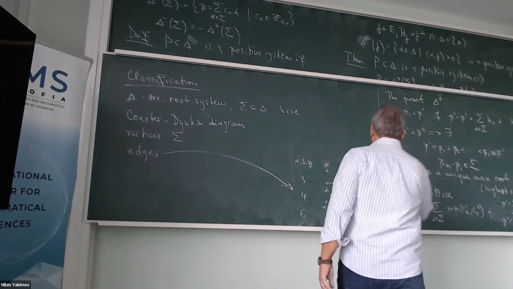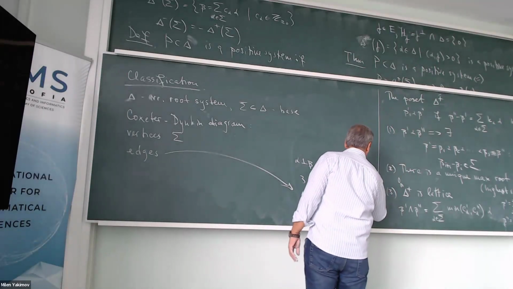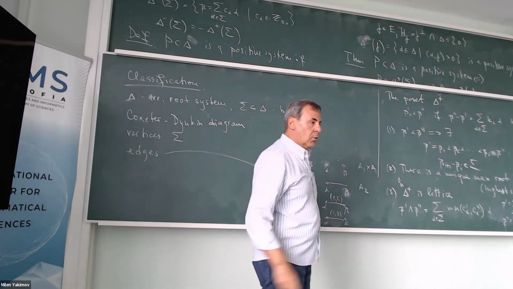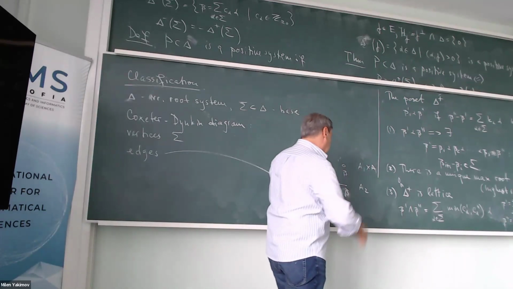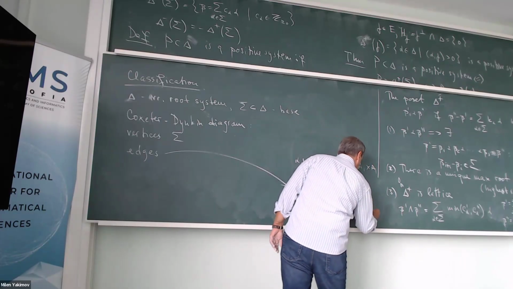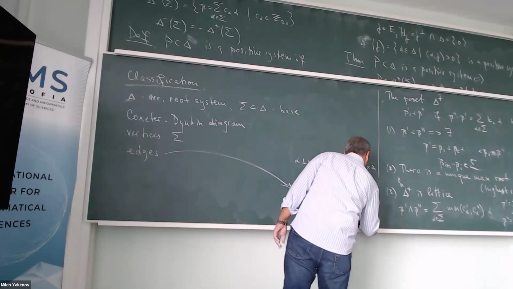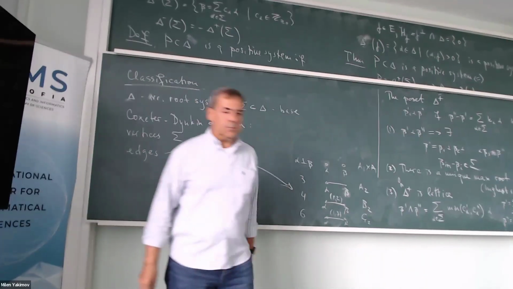If it is A1 plus A1, I put no edge. For A2, I put one edge. In all other cases, I put one edge. In A2, it's not labeled. In B2, it is labeled by 1, 2. And in G2, it is labeled by 1, 3.